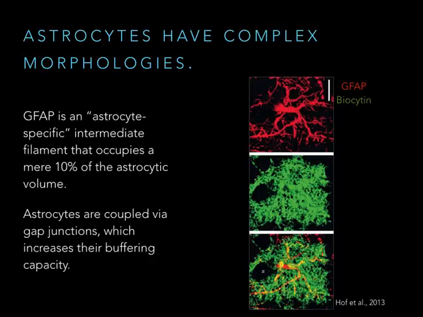Sort of, not really. If you fill the cell up with biocytin, that's just this little diffusible molecule that you can then label with an antibody. That's shown in green. You can see that it's occupying essentially the entirety of this field of view except for that little neuronal cell body on the left there. Now, these astrocytes don't just operate in isolation.